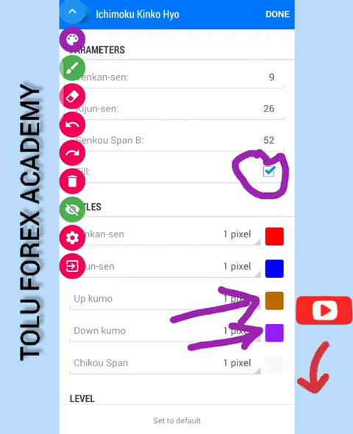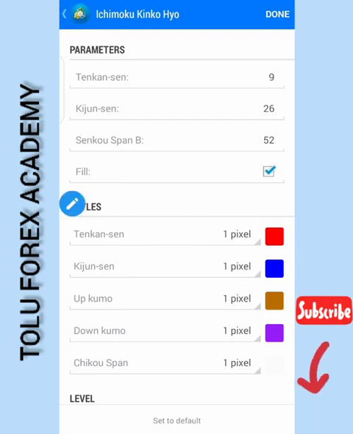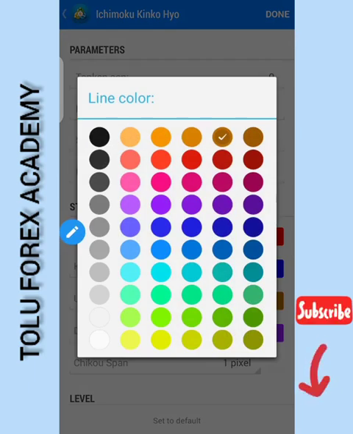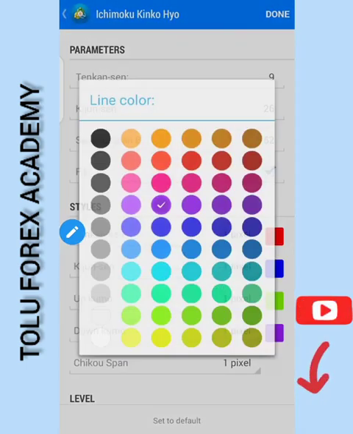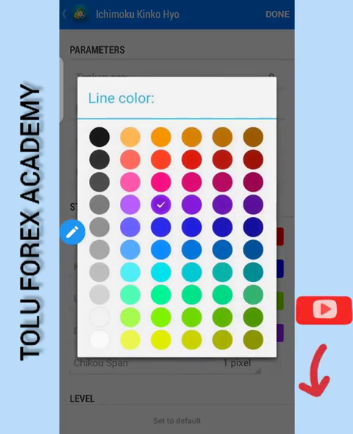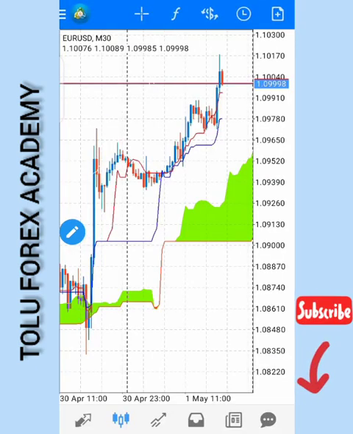I want to use the colors I'm used to for showing uptrend and downtrend. Get what I mean? Then I click on done.